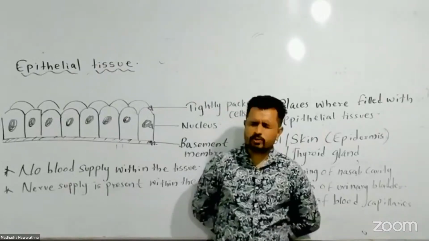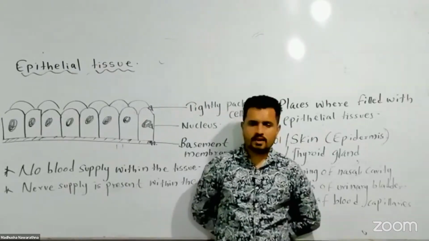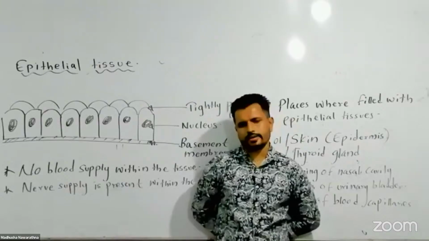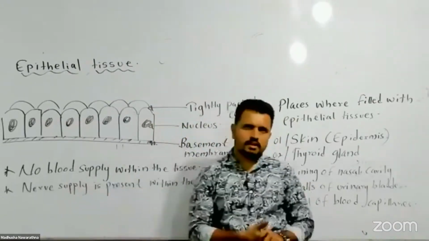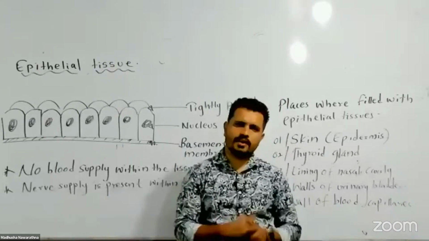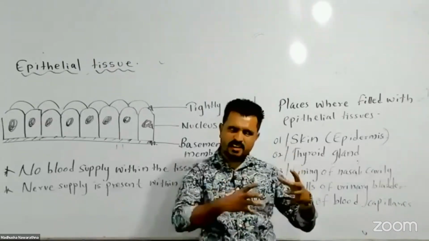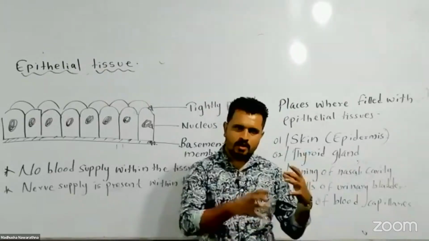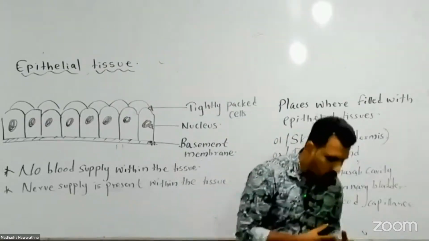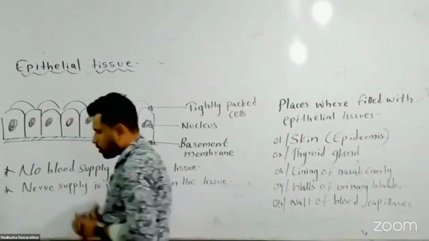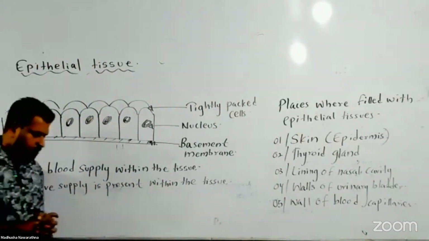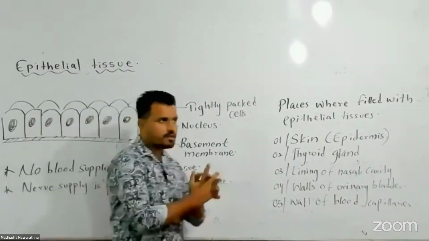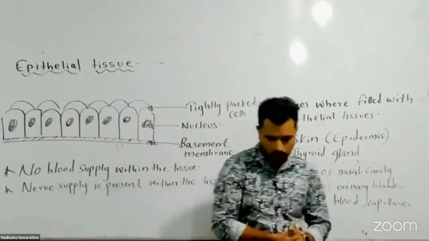Now the connective tissues. Connective tissues are needed to connect things together. Now these connective tissues are responsible for making a connection in between tissues and organs. That is what they do, making a connection. Okay, got it?